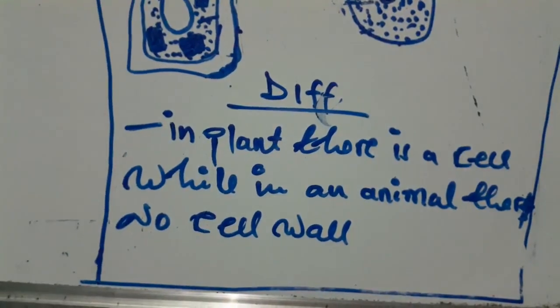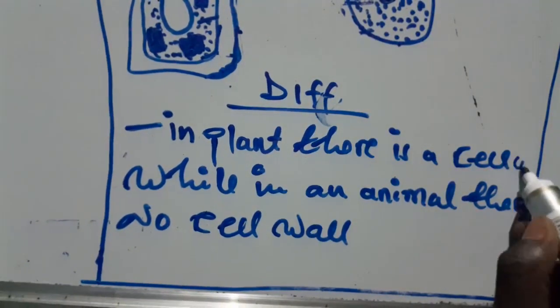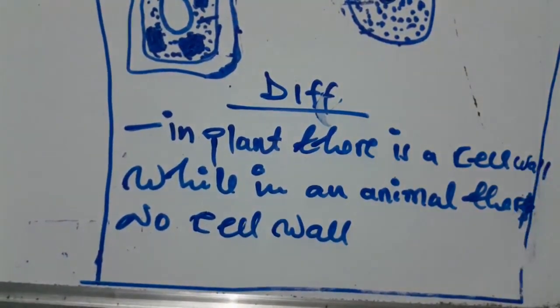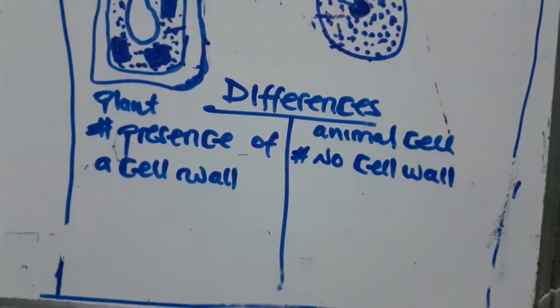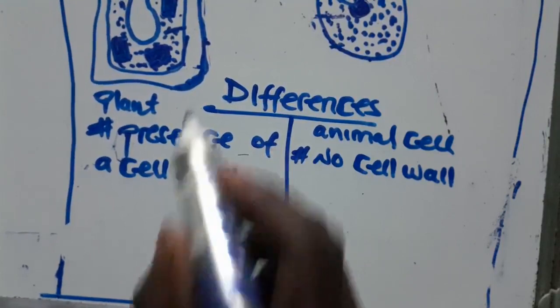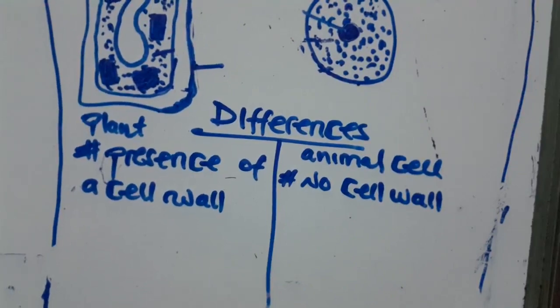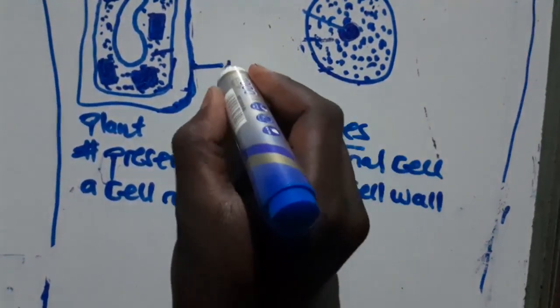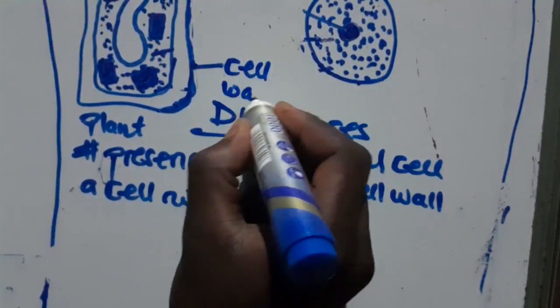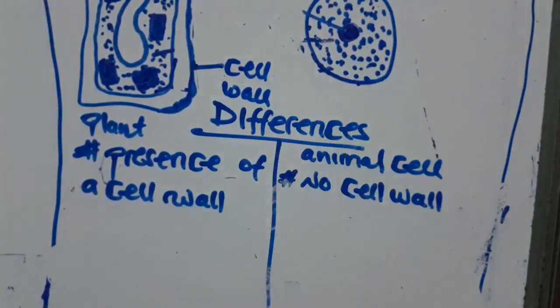In a plant cell there is a cell wall, which is this part, and in an animal cell there is no cell wall.